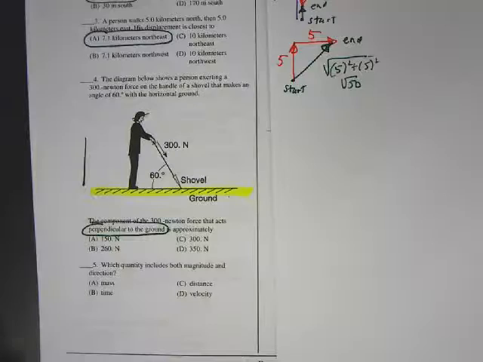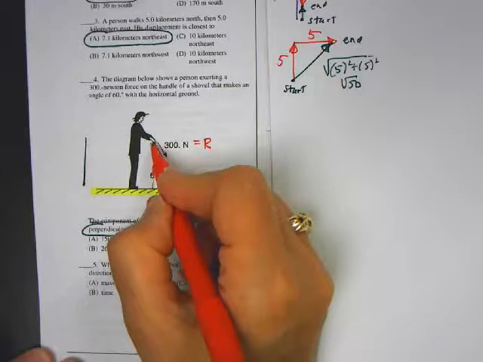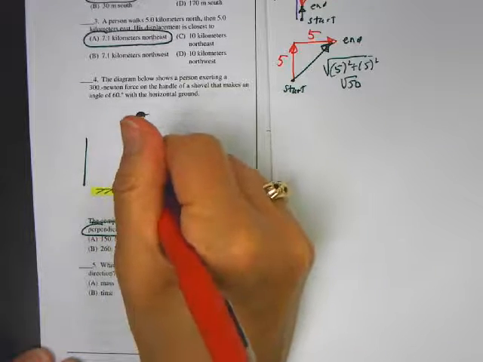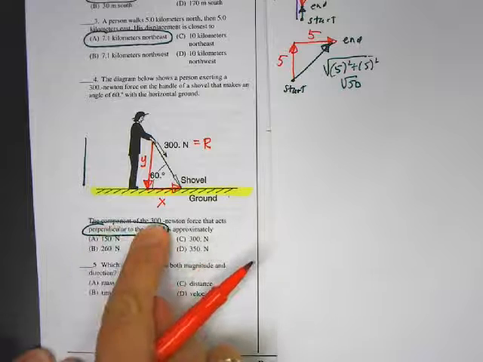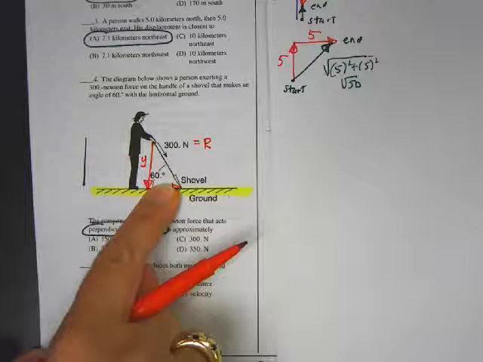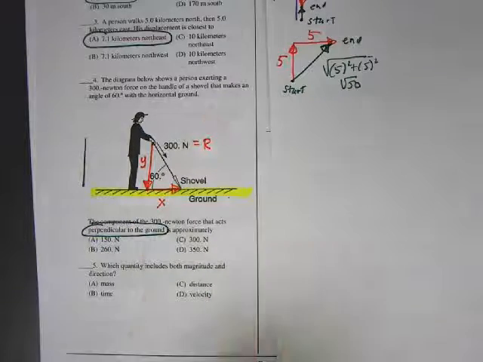So now on my diagram, this is like my resultant. So I'm going to do my component. So this is going to go down like this. This is going to be the y component, and this is going to be the x component. So they said the component that acts perpendicular, that's the y component. So the y component is opposite the angle. So opposite is sine.